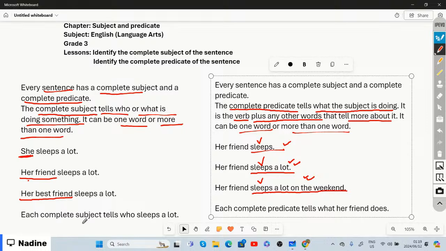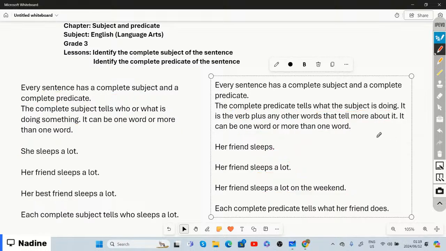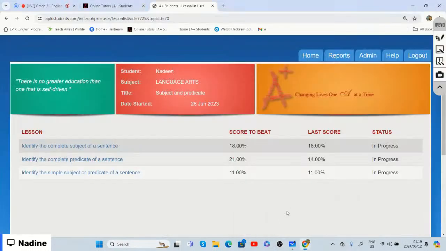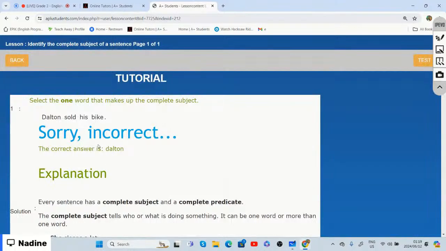All right, so let us go to a+students.ca, and we are now going to complete our tutorial lesson on a+students.ca under subjects and predicate, and then we're also going to do our test. So we're now going to identify the complete subject of a sentence.